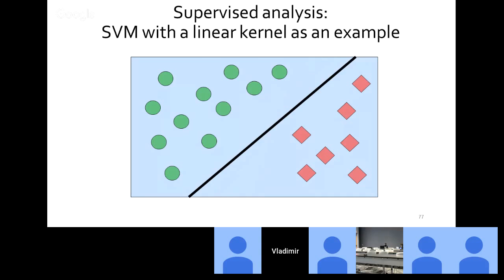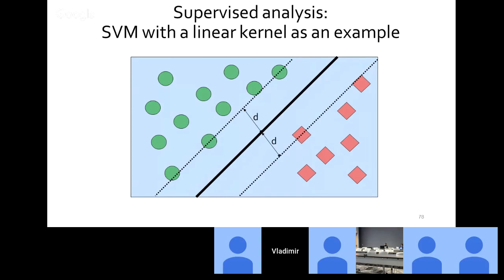A natural answer provided by Vapnik and Chervonenkis in the 60s and 70s is that the optimal line is the line which provides the separation with as much width of separating space as possible.